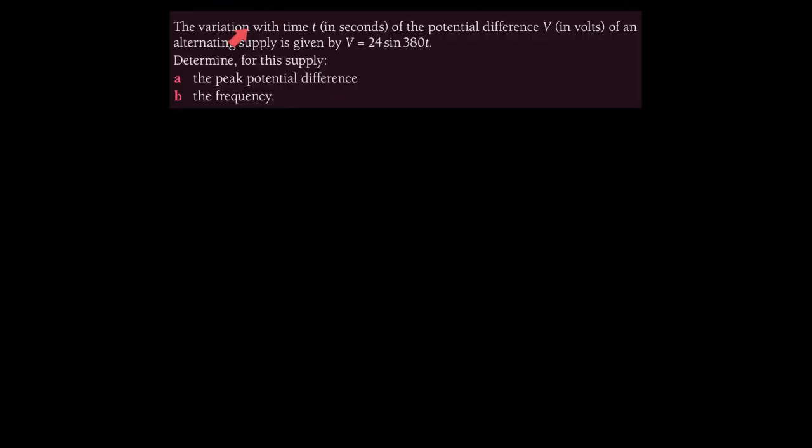This question says the variation with time t in seconds of the potential difference in volts of an alternating supply is given by this equation, 24 sine 380 t. If you compare this with what we just talked about, the amplitude of the wave is the number in front of the sine or cos function, and that is the peak voltage.